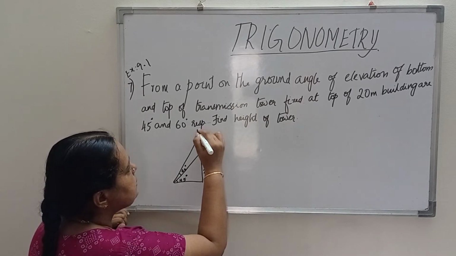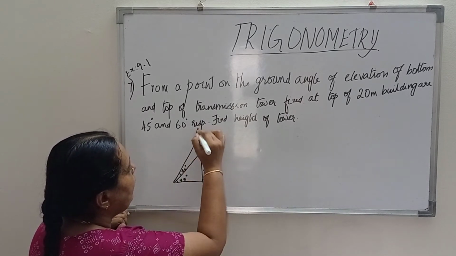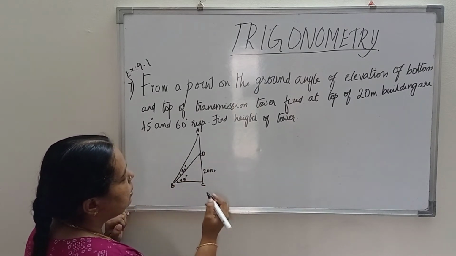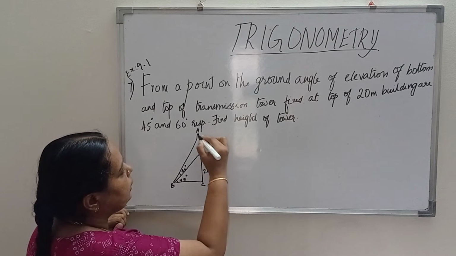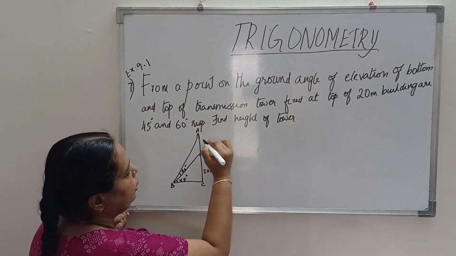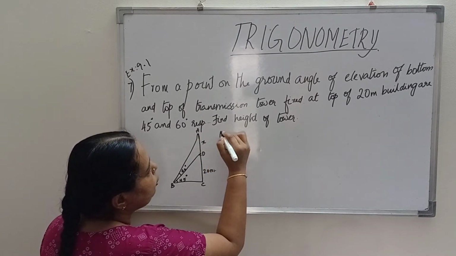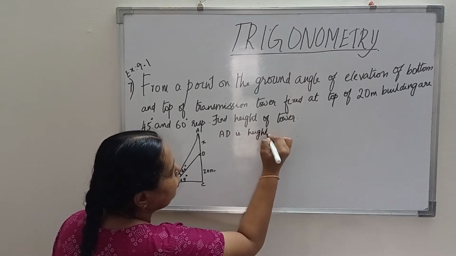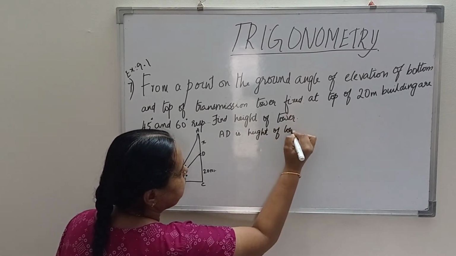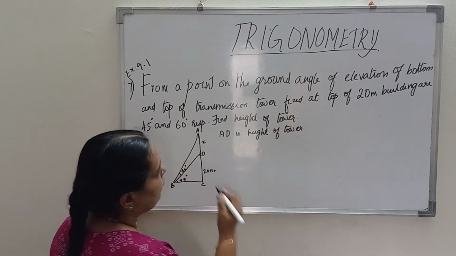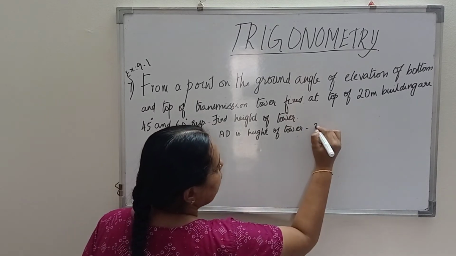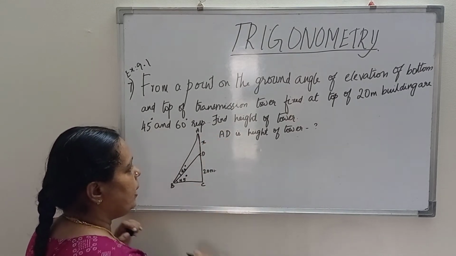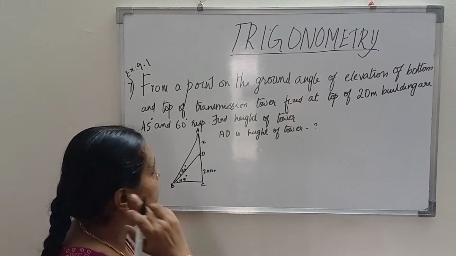Let's name the points A, B, C and D. We have to find the height of the tower. This is the tower, AD is the height of the tower, so we have to find AD. Let us take AD as x, or keep it as AD itself.